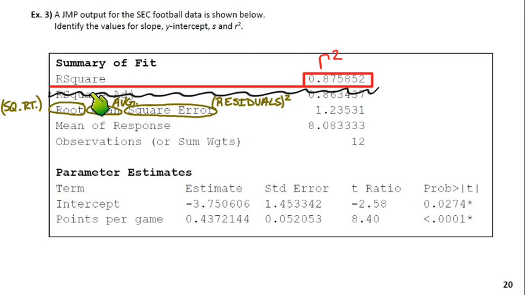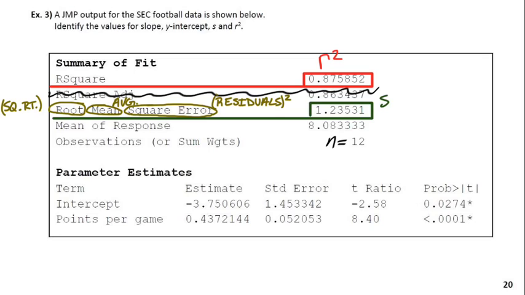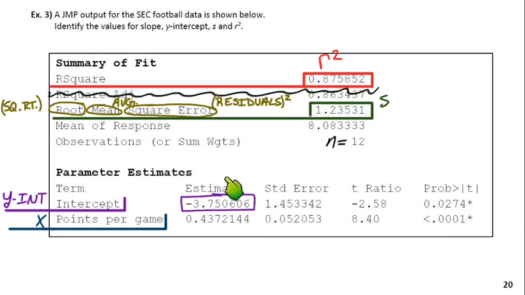So this is actually referring to the value for S, the standard deviation of the residuals. N would be the sample size here, right? Observations. So that'd be 12 observations for the 12 teams in the SEC. Our y-intercept, right? It says intercept, and then there's the estimate, and then the estimate that goes with points per game would be our slope.